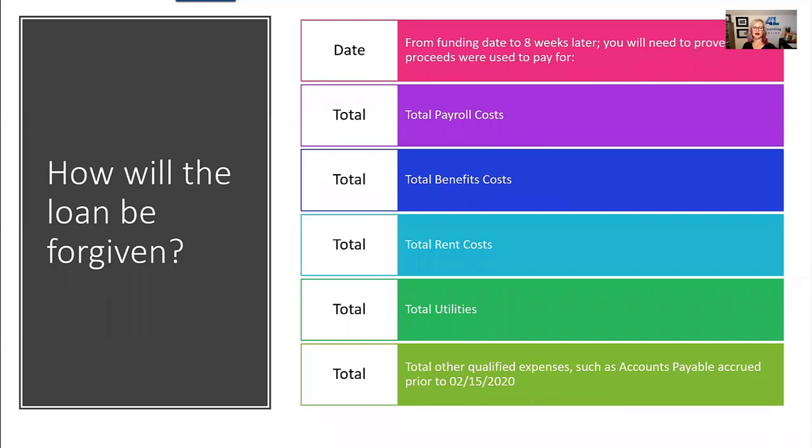So what they want us to do is pay for the payroll cost, and then any other benefits, and then we have rent and utilities, and then we can also calculate some accounts payable that happened prior to 2015. They don't want you to go get new debt, but you can actually calculate some prior accounts payable. But remember, that's not going to be part of the full forgiveness piece. The payroll, the benefits, that's going to be part of the full forgiveness piece.